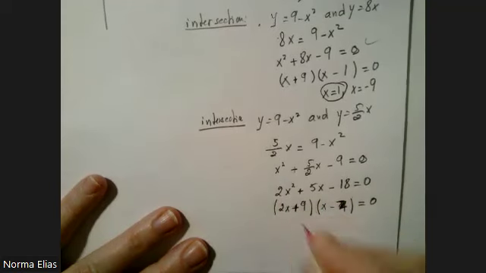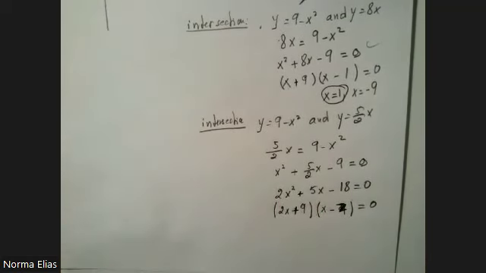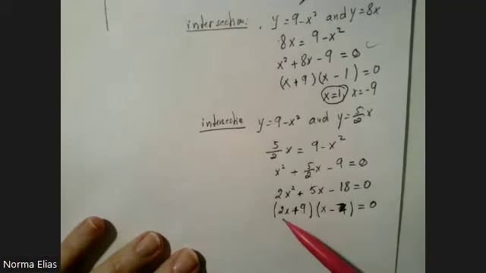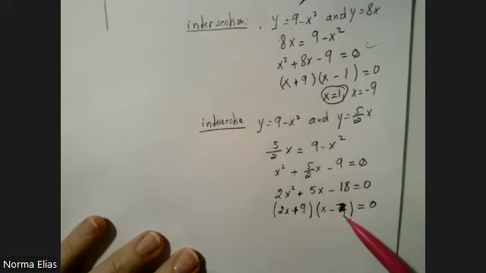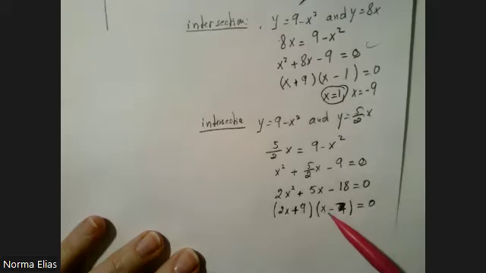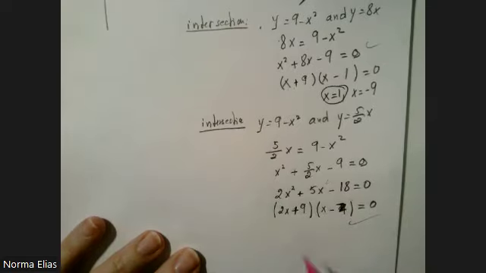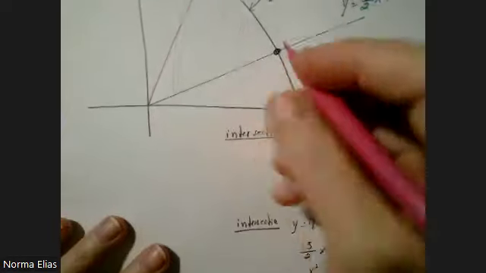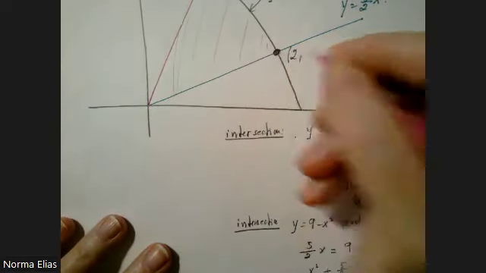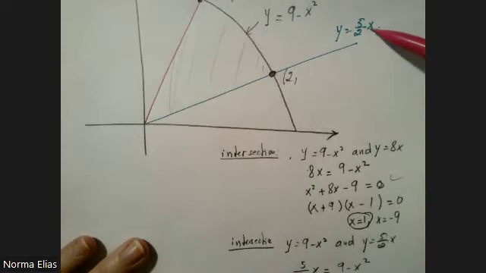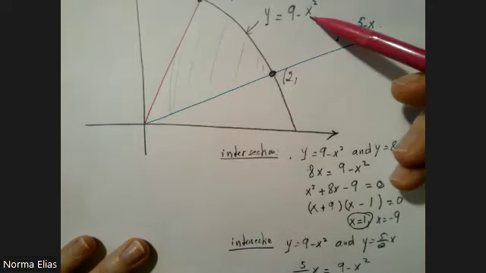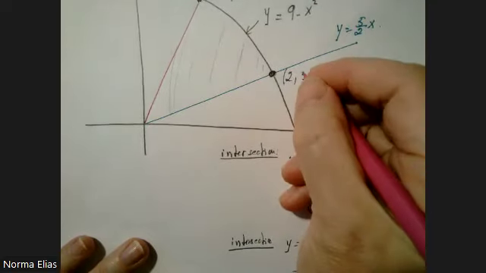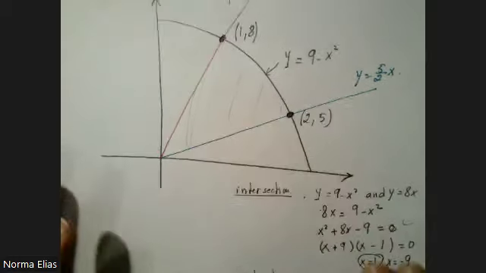Sorry. 2x plus 9, x minus 2. Thanks for the factorization. That gives me 2x squared, minus 4x plus 9x, 5x minus 18. Correct. So this would give me x equal to 2. So this point here is 2. And I double check. If I put 2 here, I get 5. If I put 2 here, I get 5. So this is correct. So now we have the intersection.